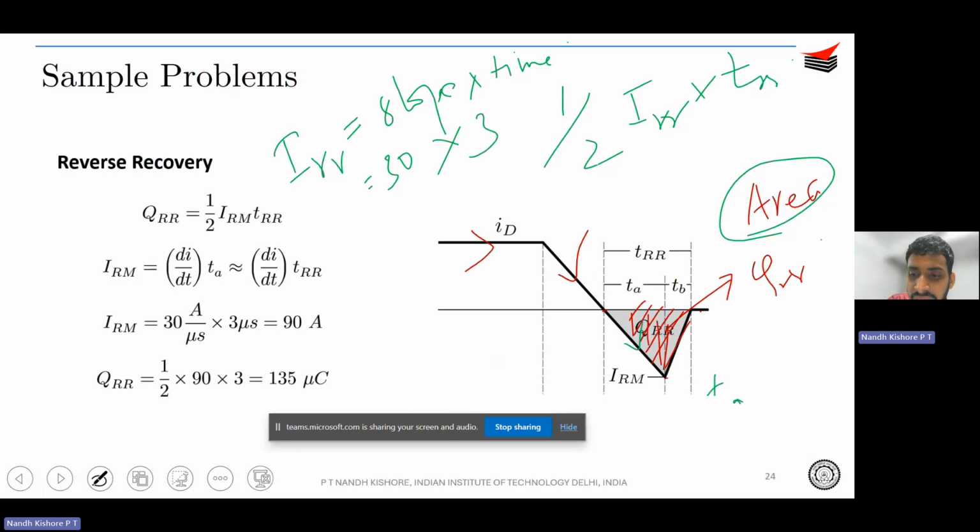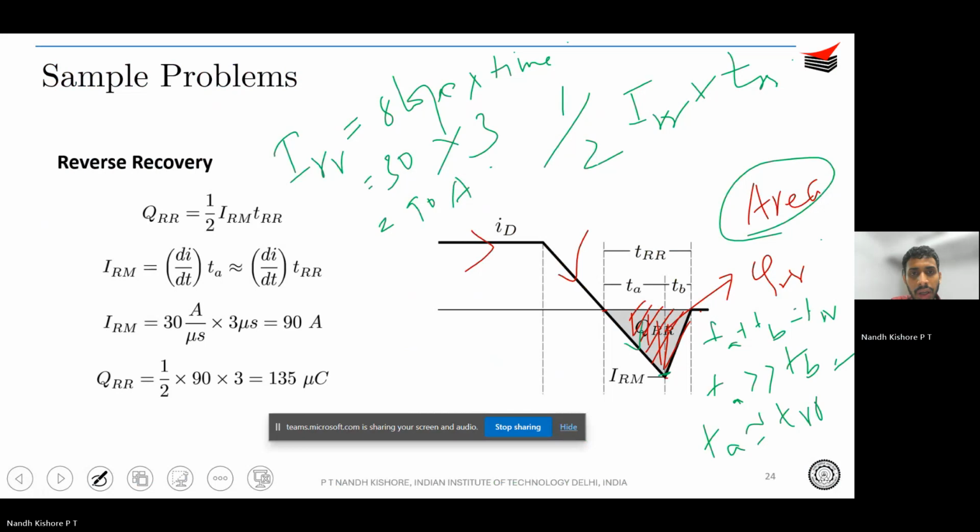Over here, TA is much greater than TB, and therefore TA is almost equal to TRR. Though TA plus TB is equal to TRR, TB is very small. Therefore, IRR is 30 into 3, which is 90 amperes. So this is your peak.